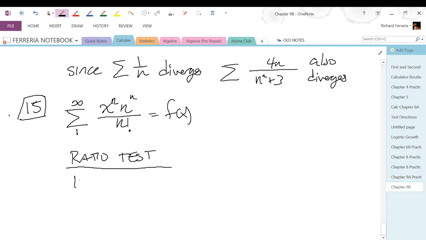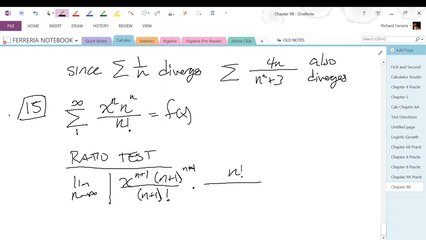That means we take the limit as n approaches infinity, absolute value, of x to the n plus 1, n plus 1 to the n plus 1, over n plus 1 factorial, multiplied by n factorial, x to the n, n to the n. And we want that to be less than 1.